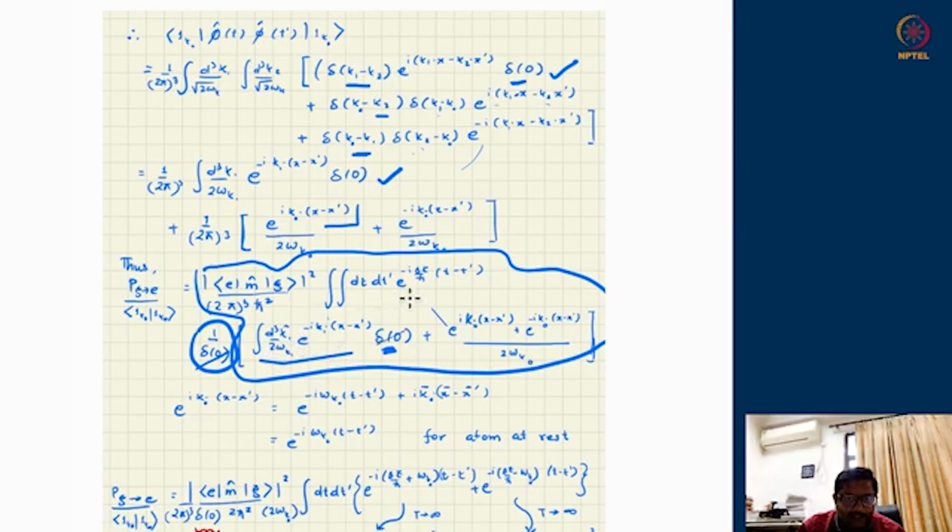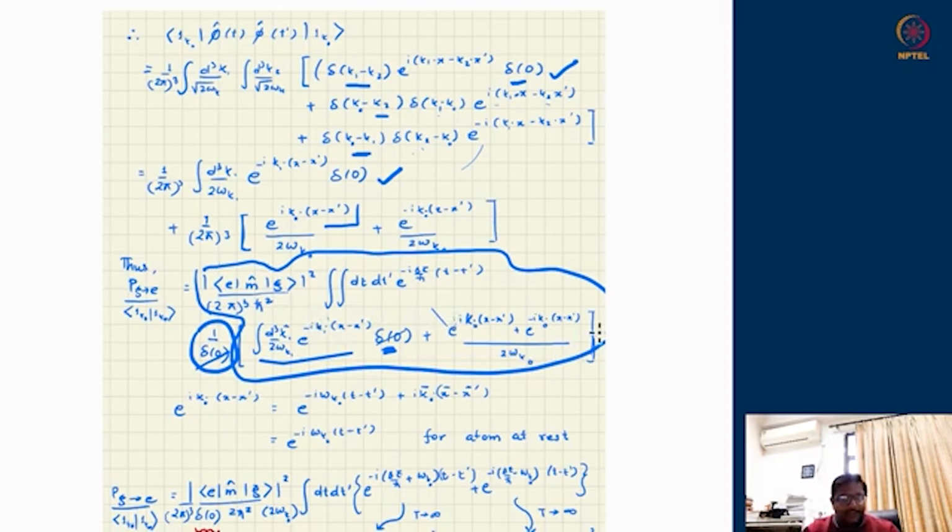And I am left with the first term, which is just the vacuum transition probability, which we know for long time average was 0. So the horrendous term, which was a delta 0 kind of thing and somewhat problematic, does not contribute anything to the transition probability.